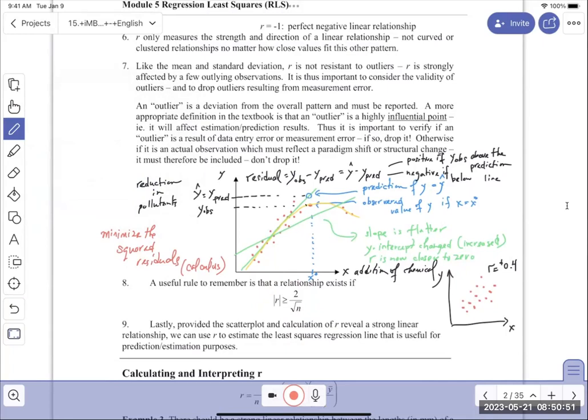So R, let's say, for example, let's say N was 100. What would your R have to be to identify a relationship? What does this equation say?